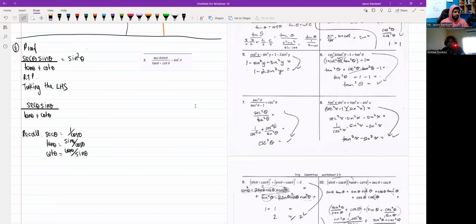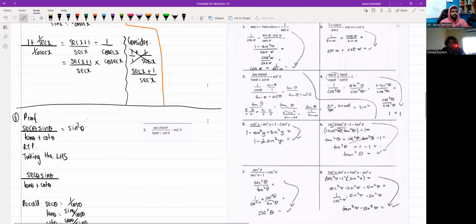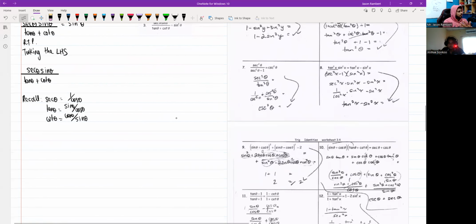All right. In a case like this, I'm going to have plenty of fractions on the numerator and plenty on the denominator. In cases like that, just like I did here, consider the numerator, simplify it. Then consider the denominator, simplify it. So I'm making my substitutions. 1 over cosine theta multiplied by sine theta.